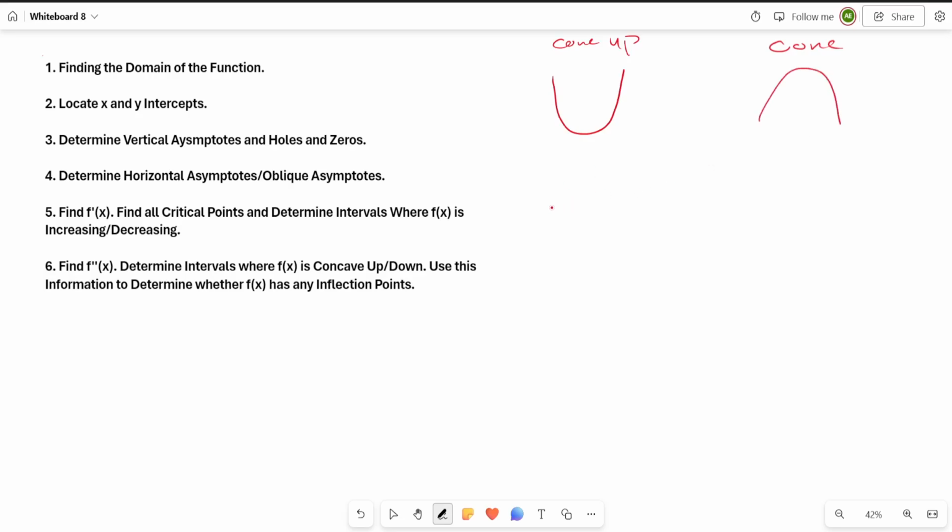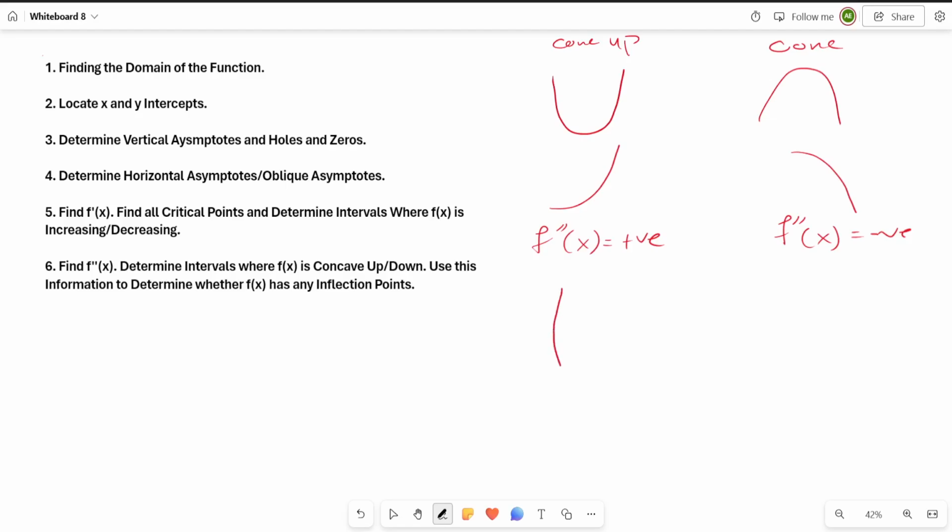So if f double dash of x is positive, then we have a concave up interval. If f double dash of x is negative, then we have a concave down segment or interval.